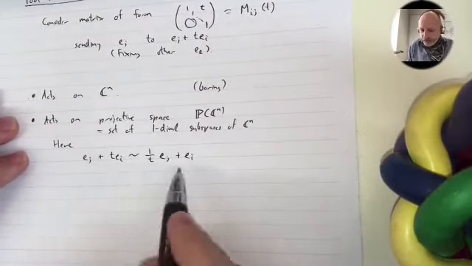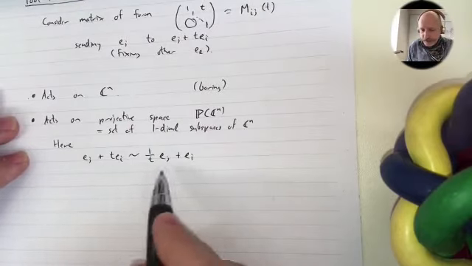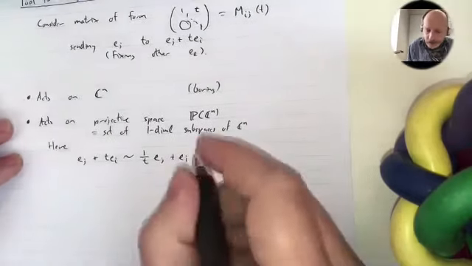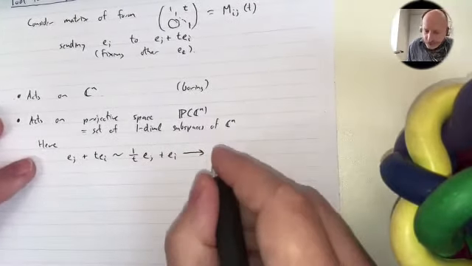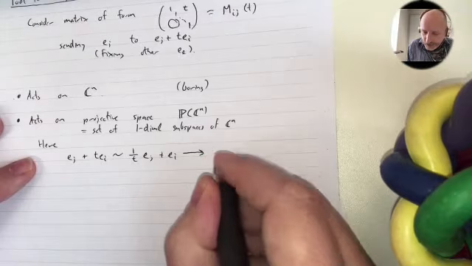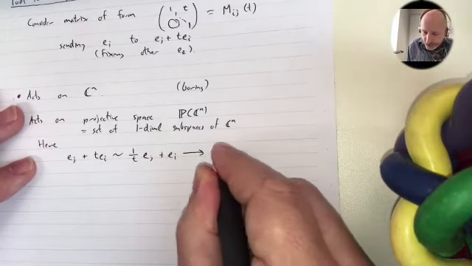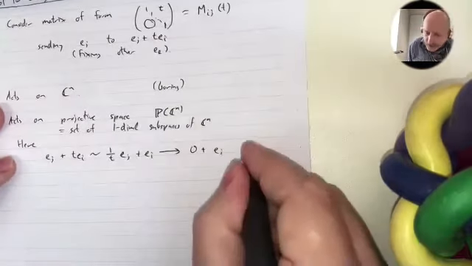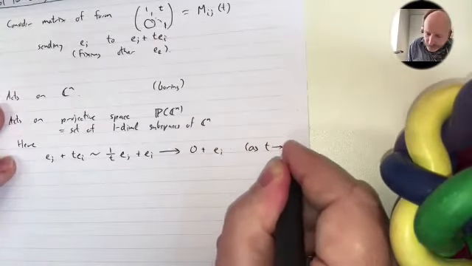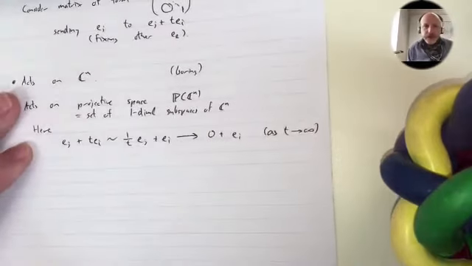Right, so I just divided both sides by the scalar t. And now I can take a limit as t goes to infinity, and this goes to 0 plus Ei, also known as Ei. And again, that's as t goes to infinity.